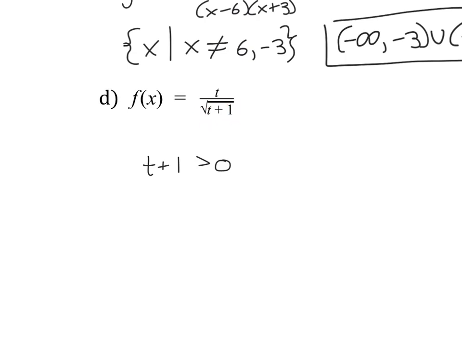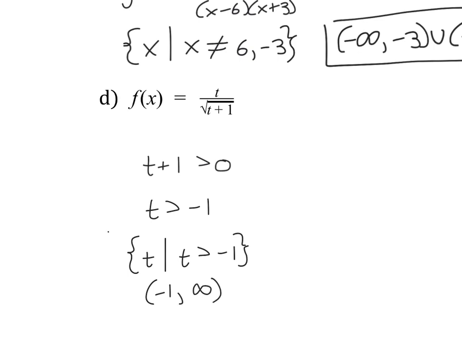So I'm actually just going to say t plus 1 is greater than 0. If I solve that inequality, I get t is greater than negative 1. So in set builder notation, we would say t such that t is greater than negative 1. Or in interval notation, we would say negative 1 to positive infinity.